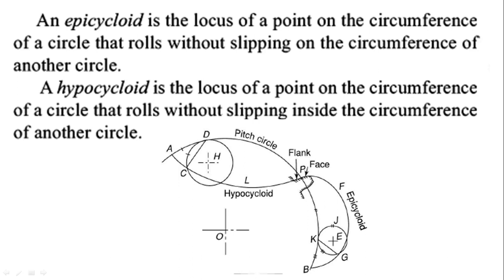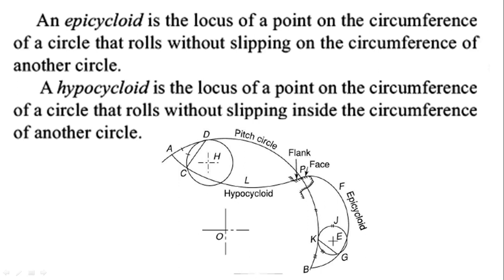There is a locus of a point on the circumference of a circle, and the circle rolls without slipping on the circumference of another circle. If you get a curved path like this from the rolling, it is a type of epicycloid.